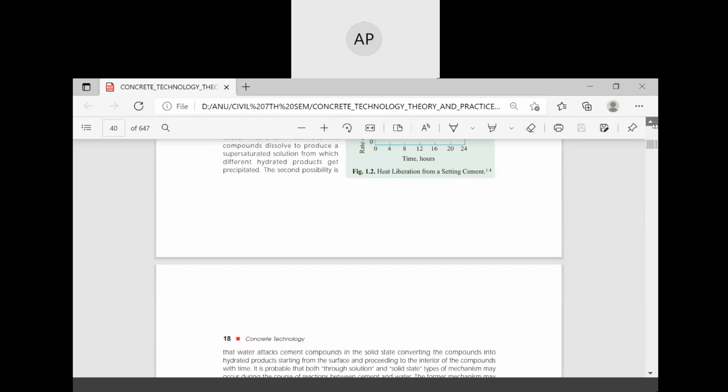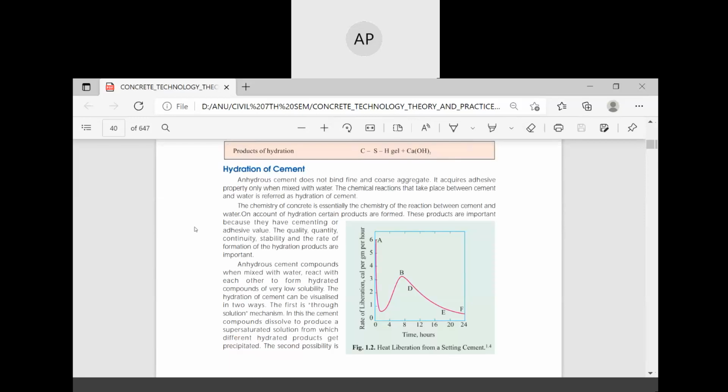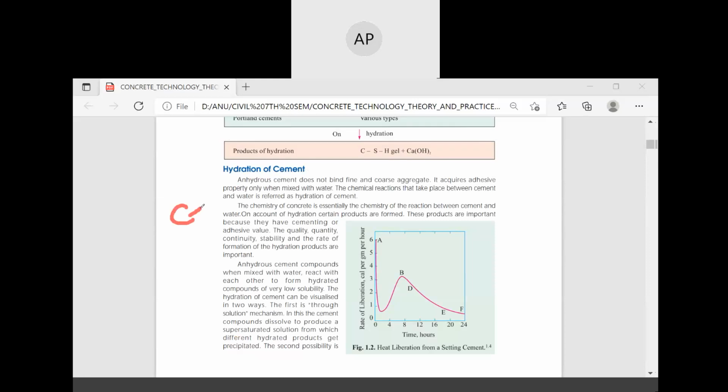See, hydration of cement means when we add water to the cement, then it is called hydration of cement. Anything, if you add water anywhere, that is called hydration. Addition of water, hydration, isn't it? So hydration of cement is when you add water to the cement.